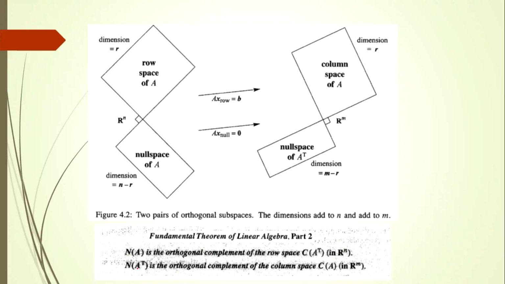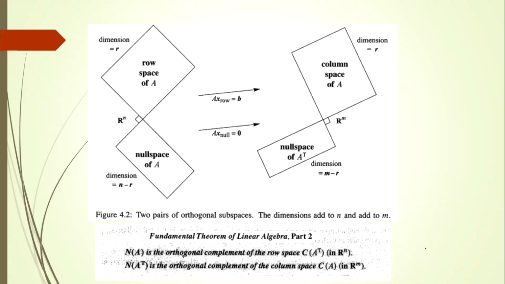Then the next one, the left null space and the column space, they are orthogonal subspaces. They are both subspaces in Rm. And the sum of their dimensions gives m. So they are orthogonal complements of each other. Are you clear?